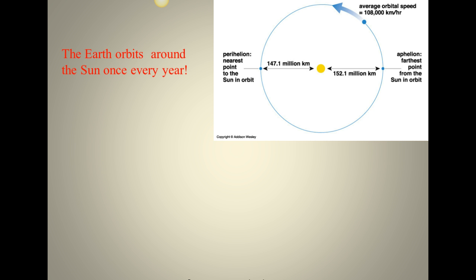What's interesting is that it's the exact opposite. Write this down. When the sun is at its perihelion, it's winter. And when it's at its aphelion, it's summer. Just the opposite of what people think. So get that in your notes.